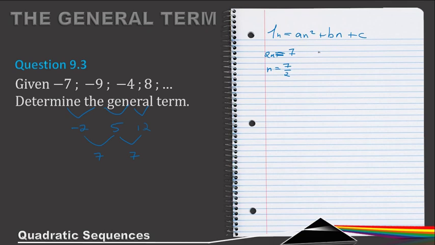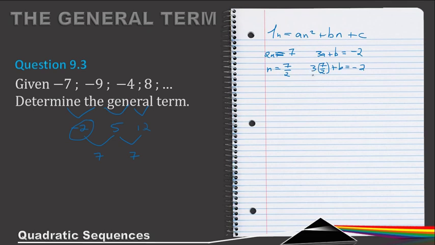Right, for the b value, we've got 3a plus b is equal to this number over here, -2. Right, substitute in my a's value, so that's 7/2 plus b equals -2. Okay, so I'm just going to take this term over.